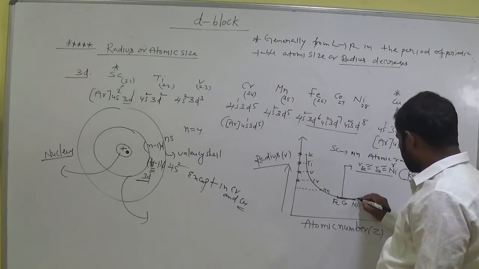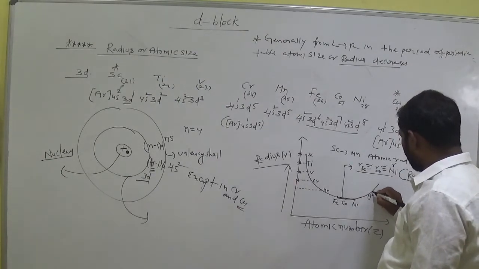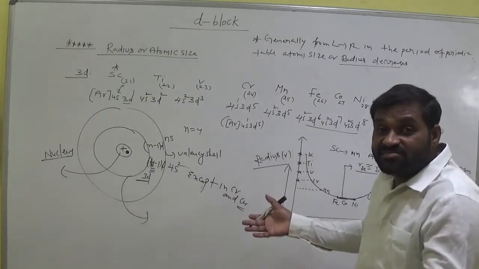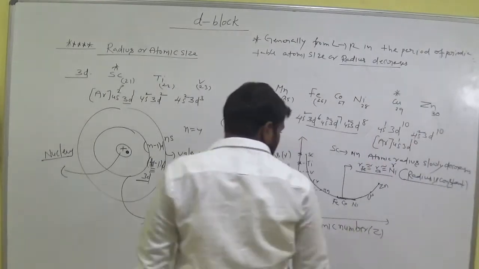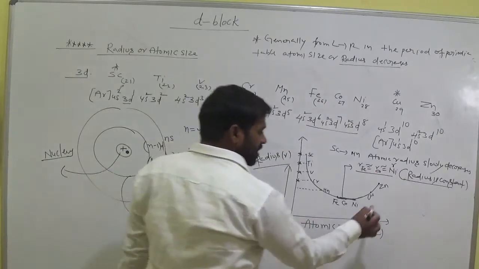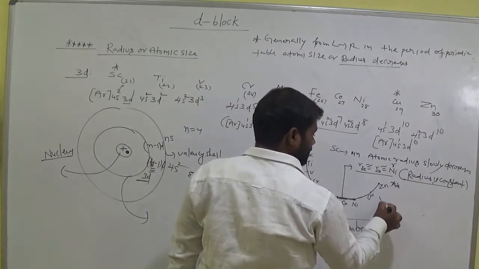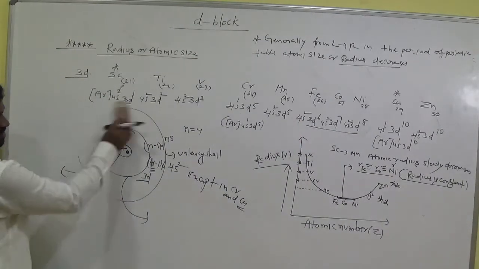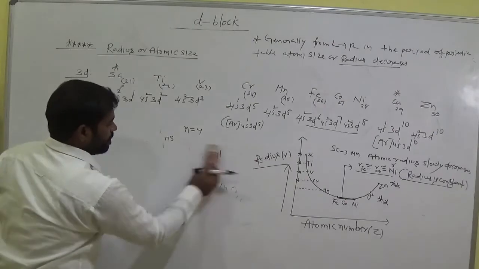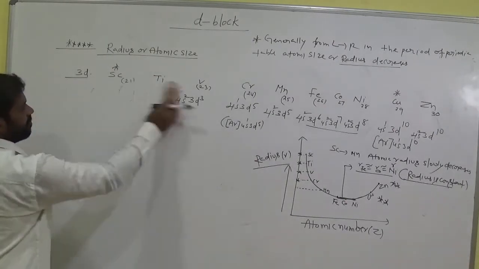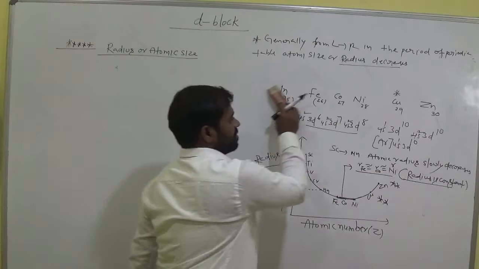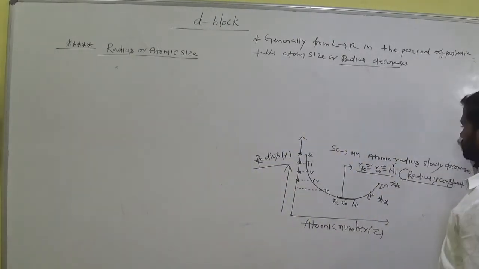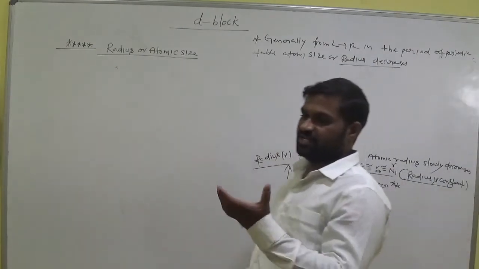So when it comes to the next two elements, this is copper and this one is zinc. The radius increases, meaning the size increases, keep that in your mind. Comparing with copper, these two are very, very important. This point is very, very important. Copper and zinc.